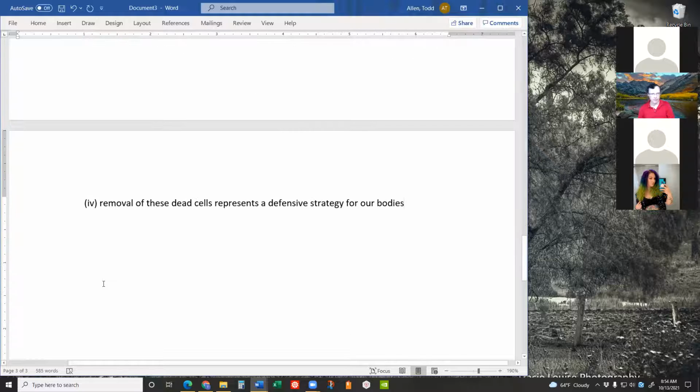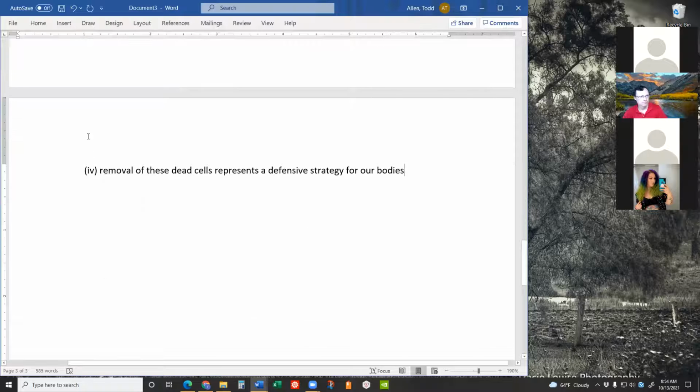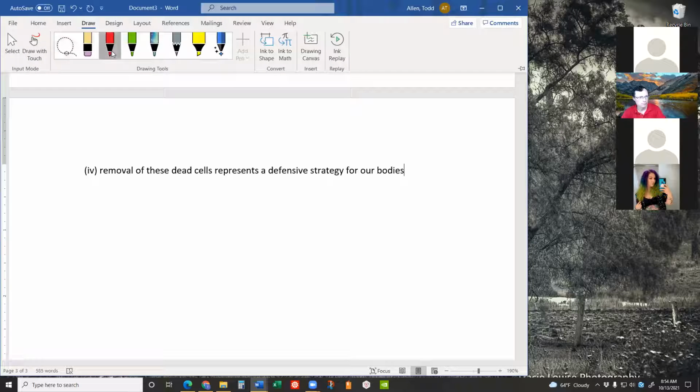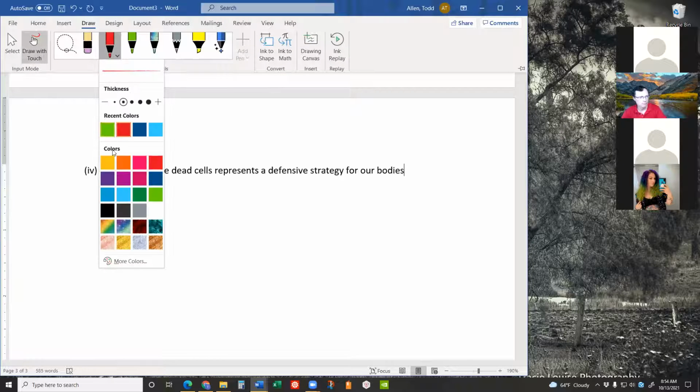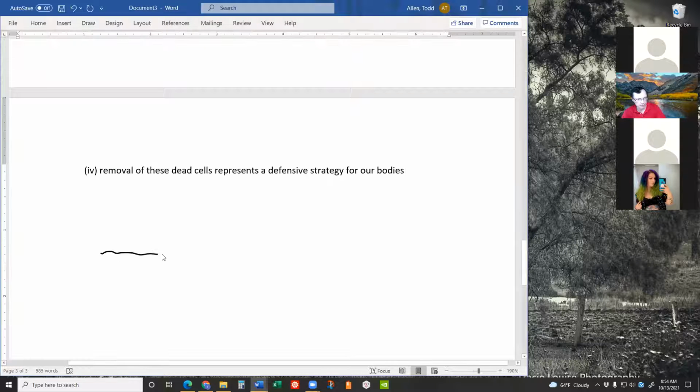And so let me share with you this idea here, and I'm going to do a little bit of drawing here if I can. Let's say for a moment that this kind of wavy line here represents the most superficial layer of your skin.